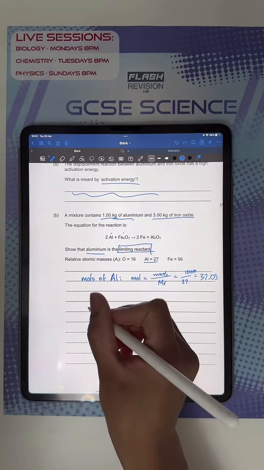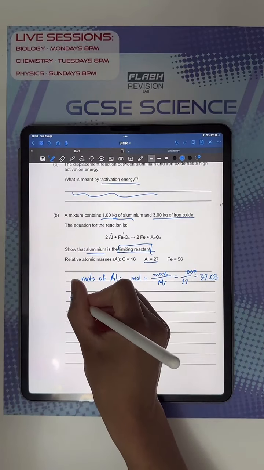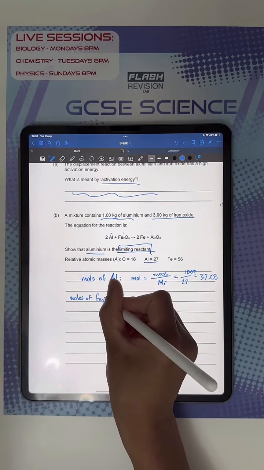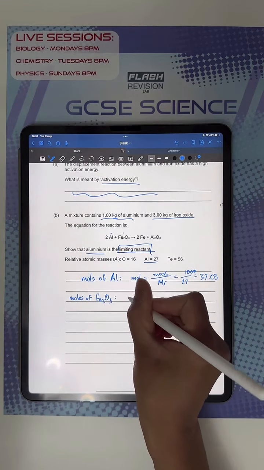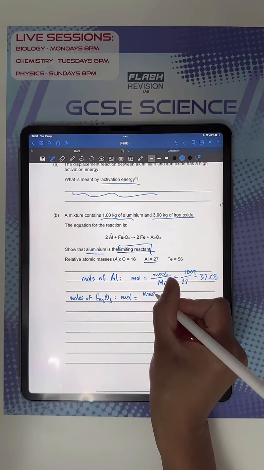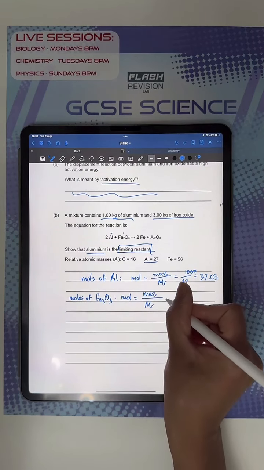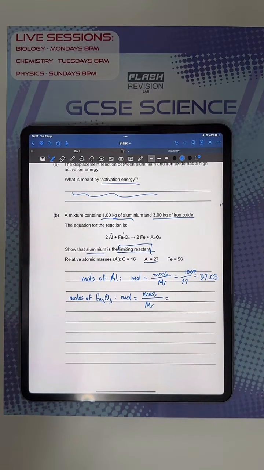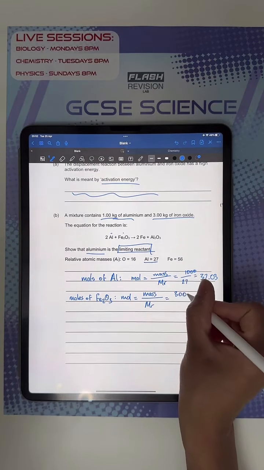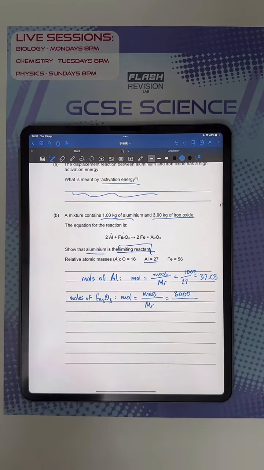Let's do the same for Fe2O3. So this time we have 3 kilograms, so 3,000 grams, divided by the MR of iron oxide.